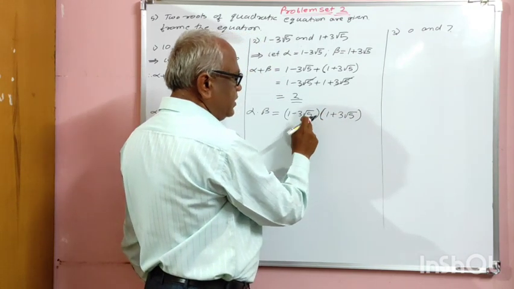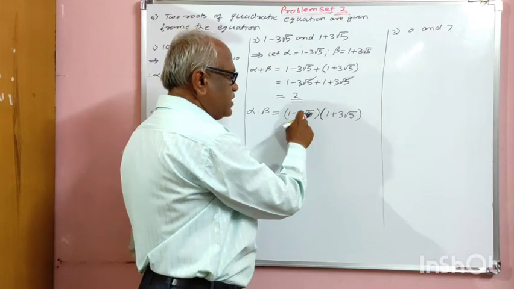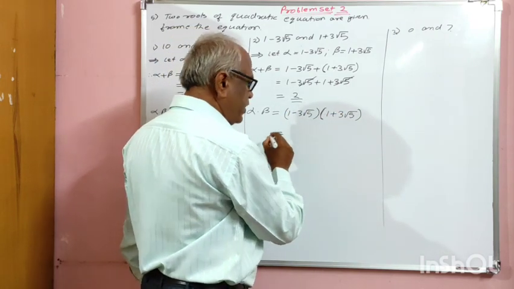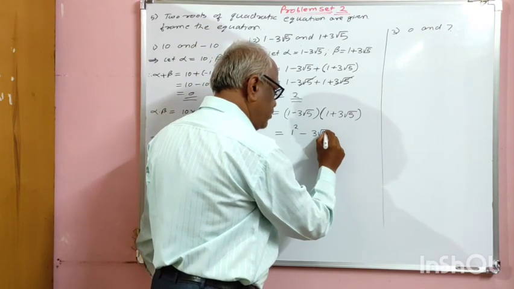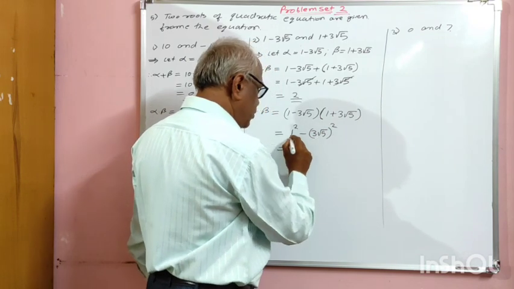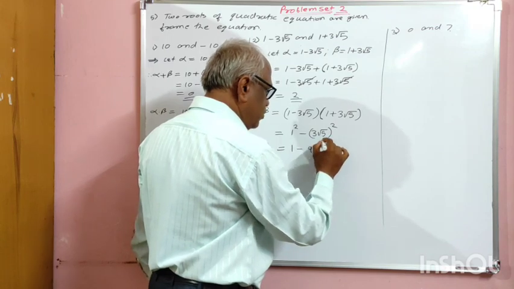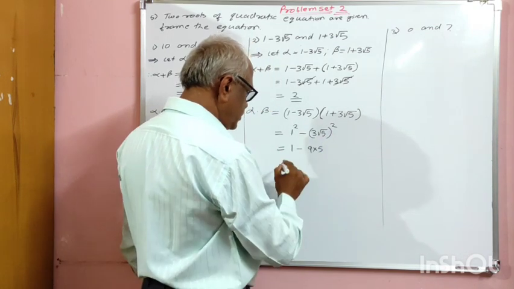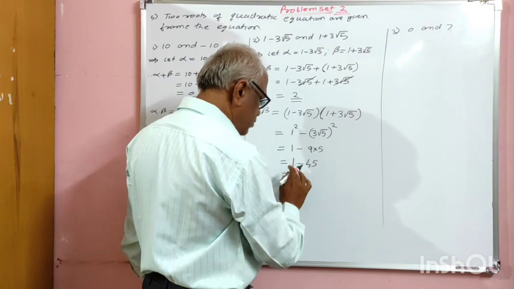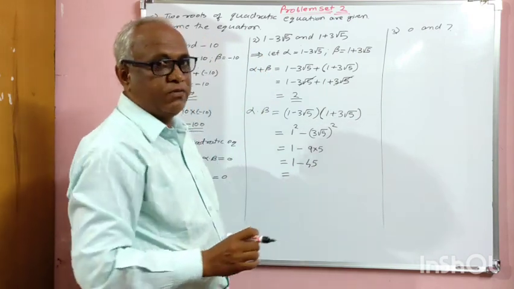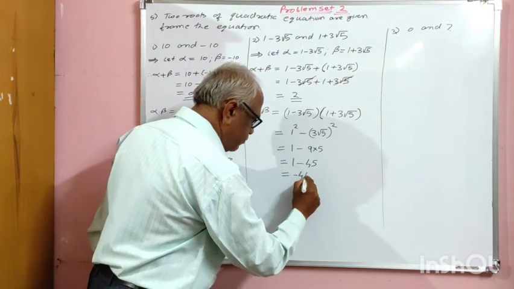Now 1 minus 3 under root 5, 1 plus 3 under root 5, considering the formula a minus b, a plus b, that is a square minus b square, that is 1 square minus 3 under root 5 bracket square, which is equal to 1 square is 1 minus 3 square is 9 into under root 5 square is 5, that is 1 minus 9 5s are 45, which is equal to 1 minus 45. Subtract but keep the greater number sign, greater number is 45, minus sign, that is minus 44.